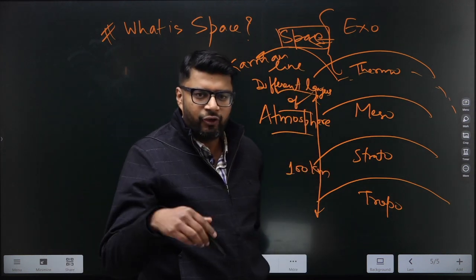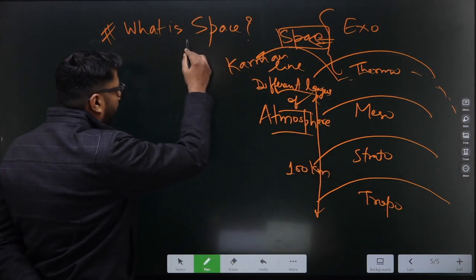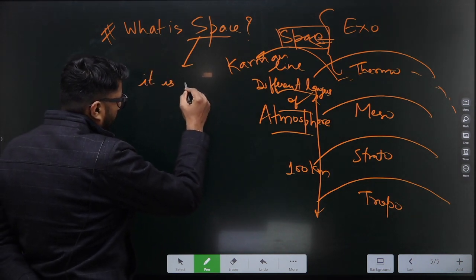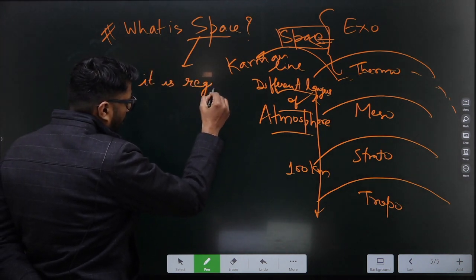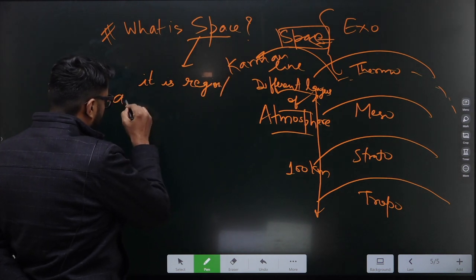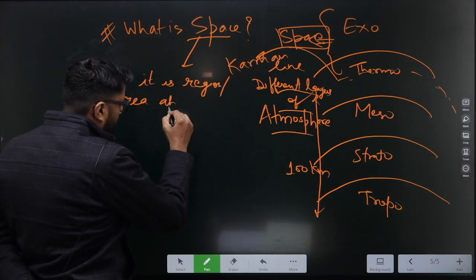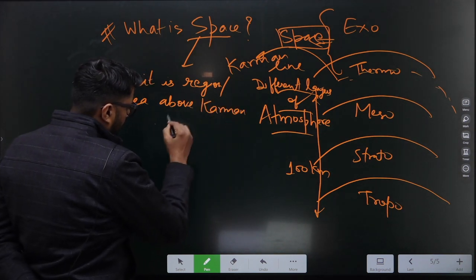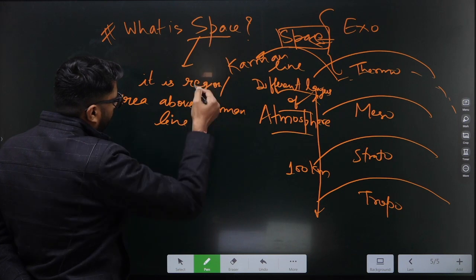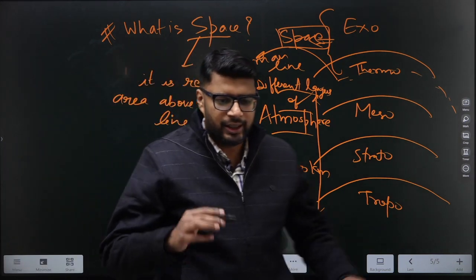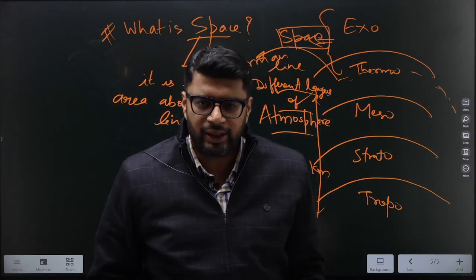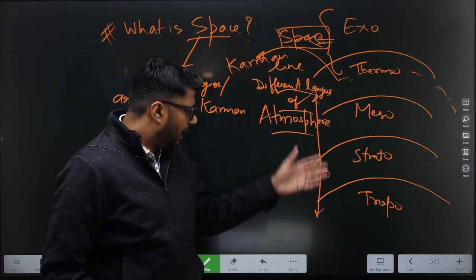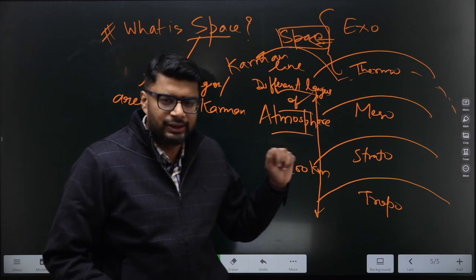So we can define space as a region or area above the Kármán line, which is an imaginary line at a height of 100 kilometers from sea level.